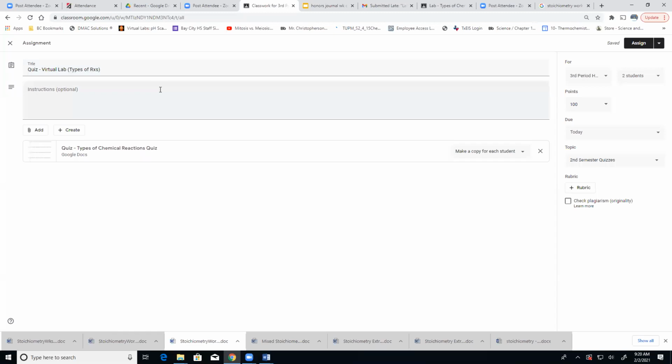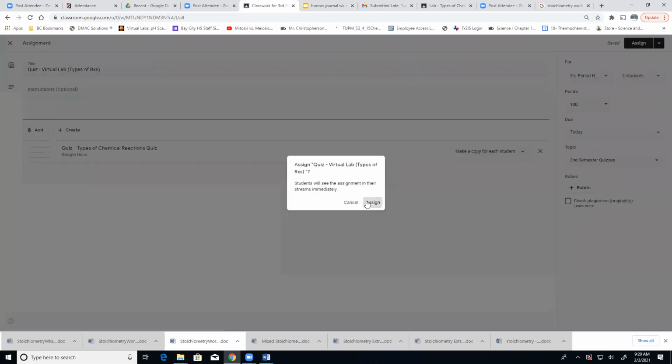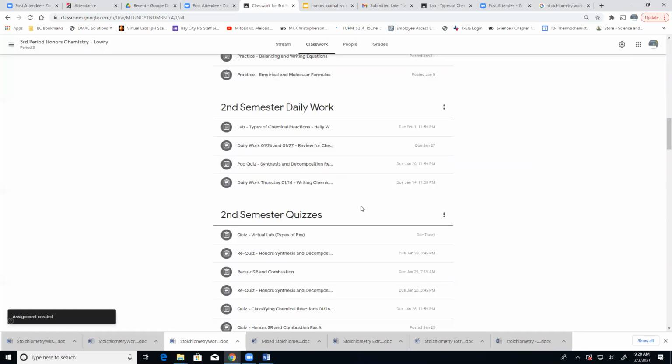It says quiz virtual lab types of reactions. And it should be coming to y'all. And it is a Google Doc, so y'all should be able to type on it.